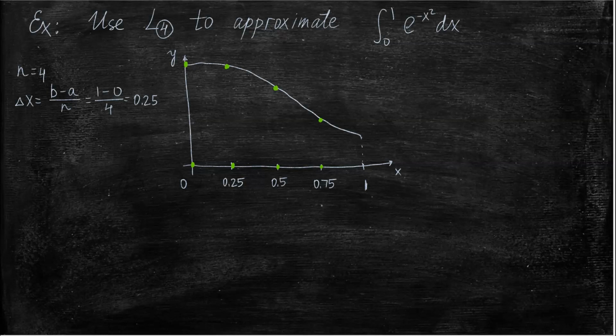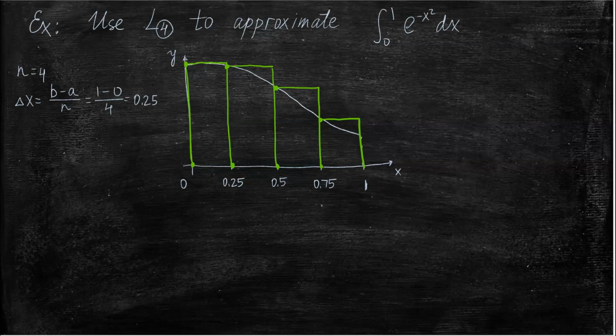And we're going to construct the rectangles that are of the same height as the output at that point, but they extend horizontally all the way to the right.